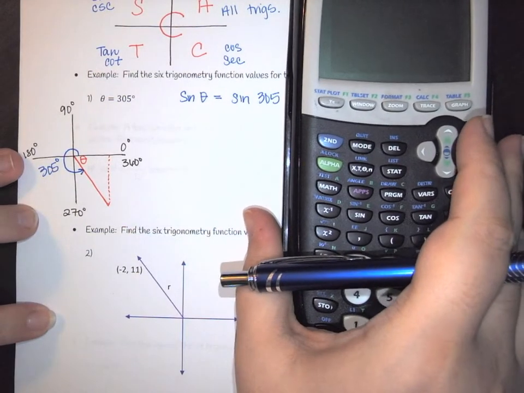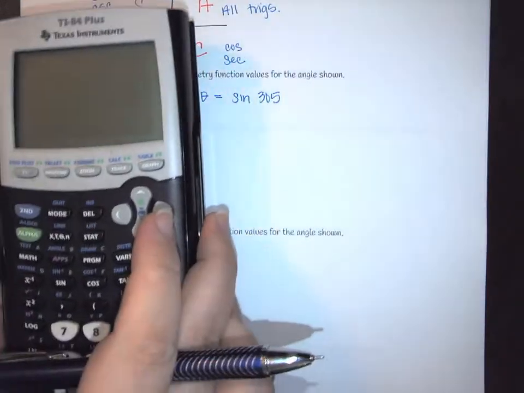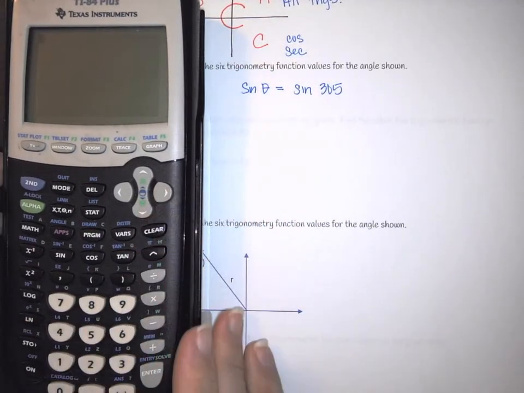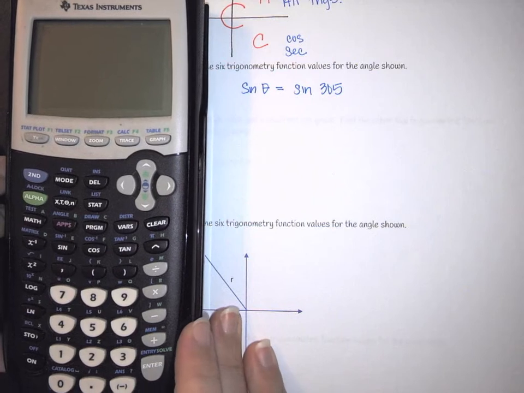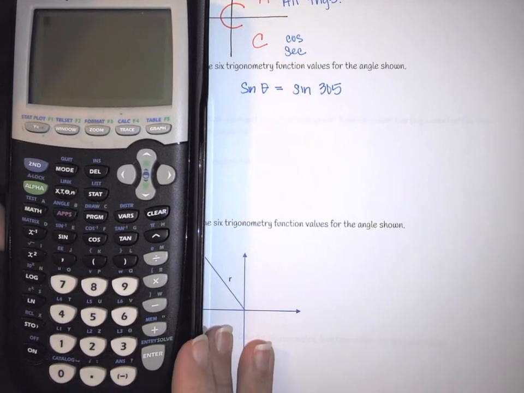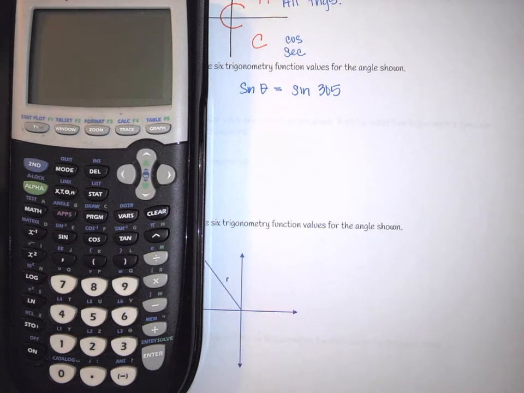You would do that on your calculator. Let me rearrange here so you could see it. Here's your calculator. Of course, I'm using the TI-84 Plus, so if your graphing calculator is slightly different, your directions may be slightly different.